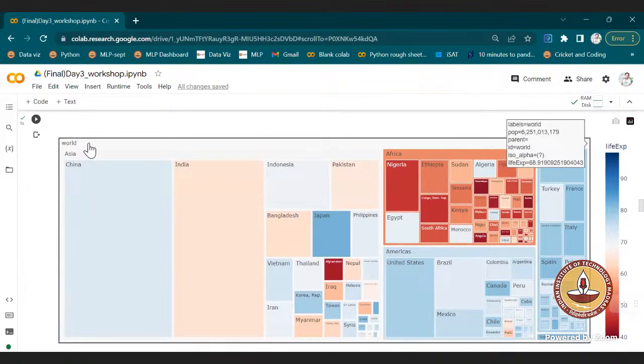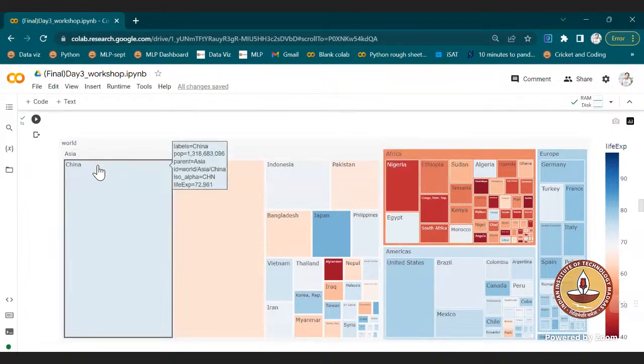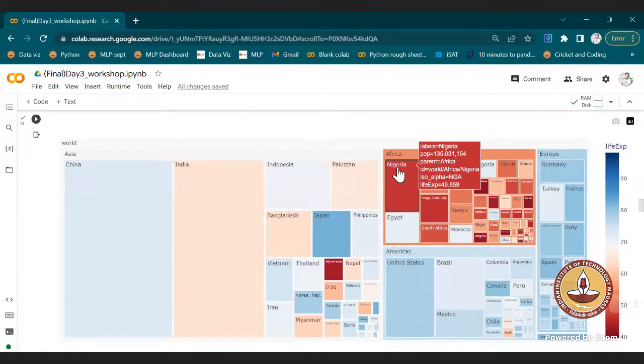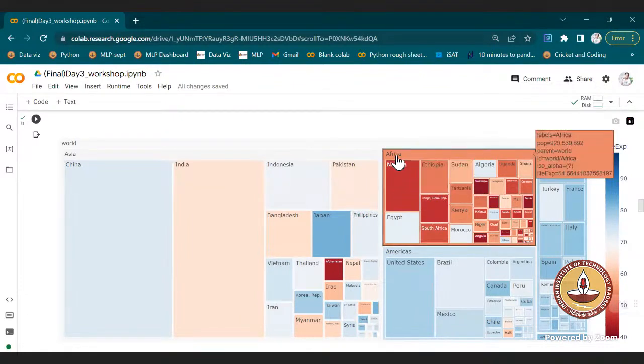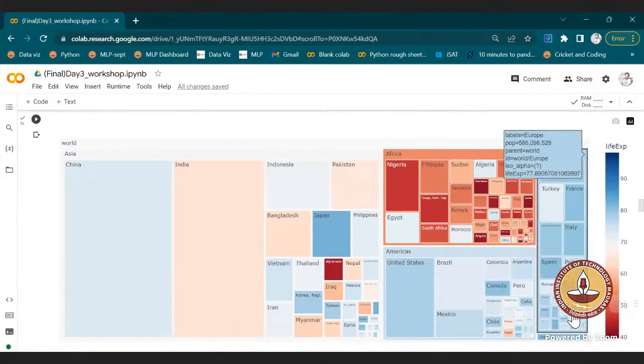The outer shape represents the world, and inside that world, each rectangle represents a continent. Here it is Asia. Inside Asia we have different countries like China, India, Indonesia, Pakistan and others. Like that we have different continents also, Africa, America, plotted over here.